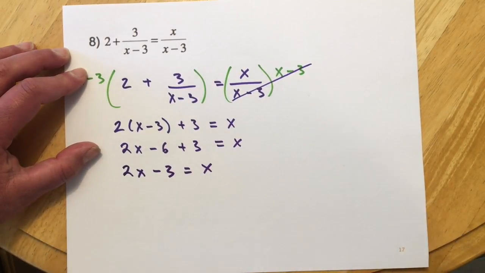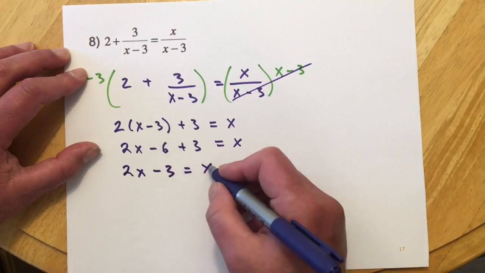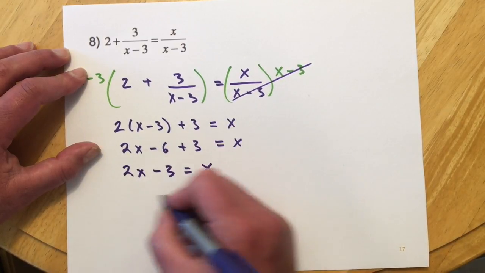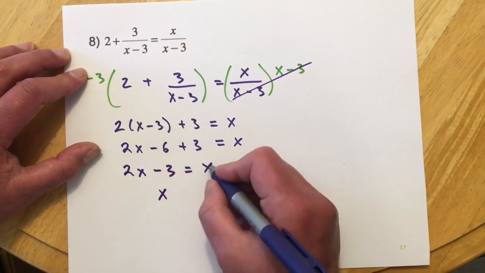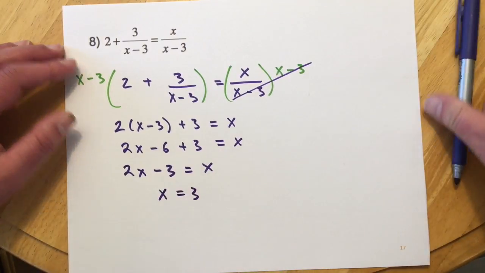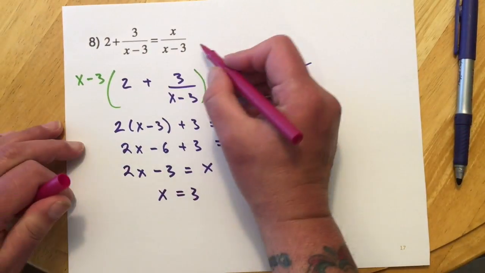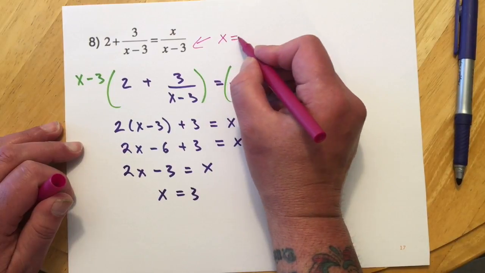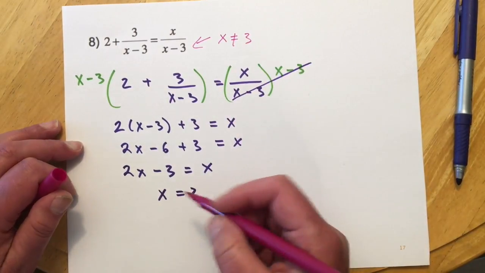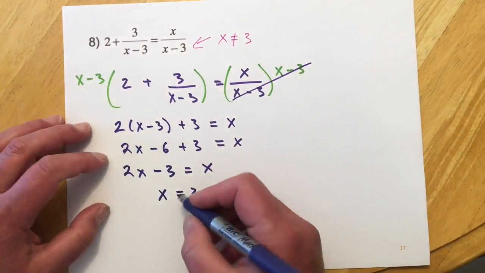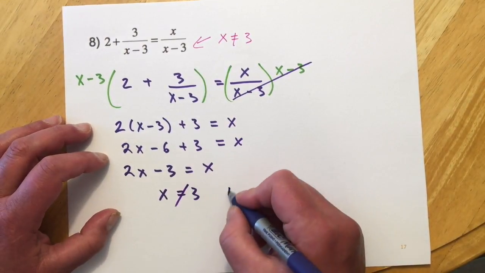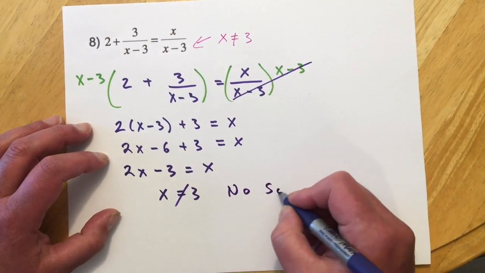I'll bring the 3 over and the x over. So subtracting the x will leave x, and then adding the 3 will be 3. But the trouble is the one bad number here was x doesn't get to be 3, which is what I got. And so this is not true, and it's a no solution.